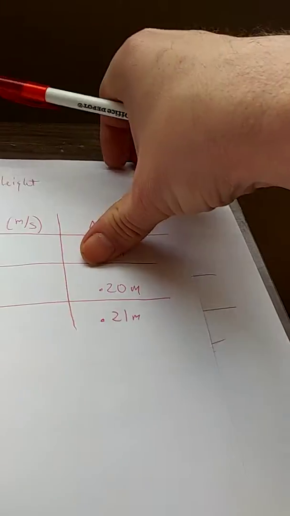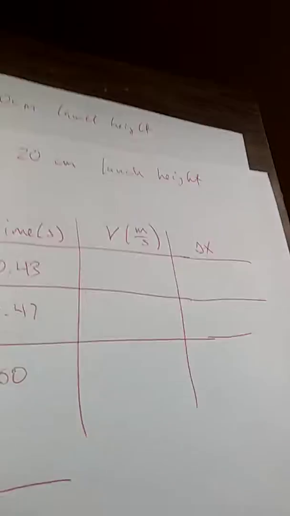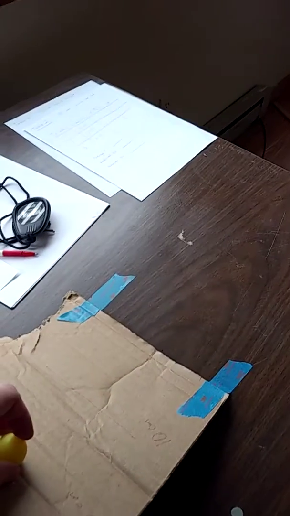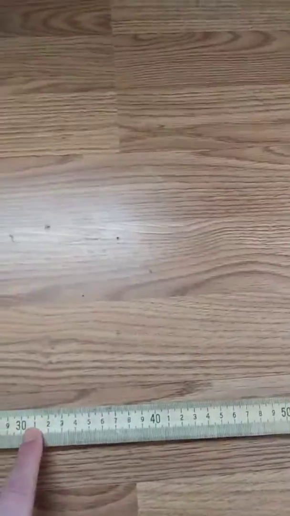I'm going to go on to the second launch height, and I'll go back in the other video and do the calculations. So now I'm going to release from 20, and I'll just do these real quick. So here's 20, okay, about 31.